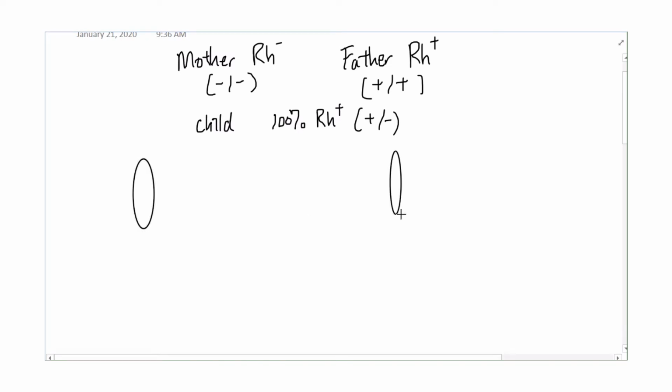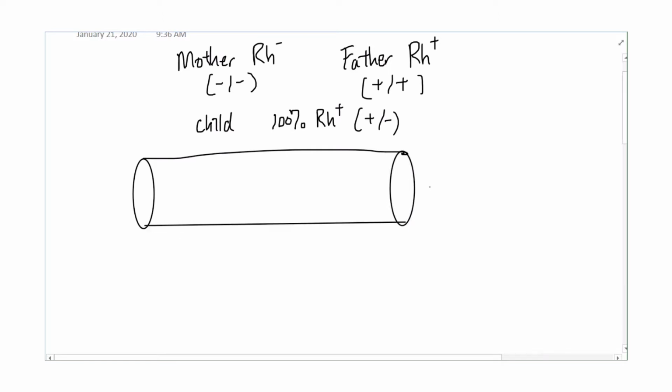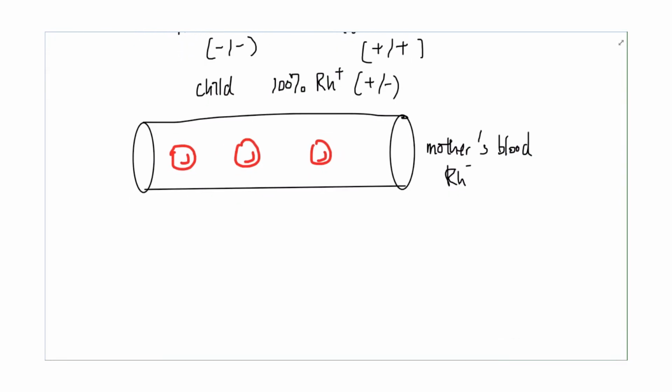Let's say here we have the mother's bloodstream, mother's blood, and because she is Rh negative, her red blood cell would just be like this. Okay, so we are not going to put any Rh antigens on it. And the child she is carrying, let's draw the child's bloodstream.